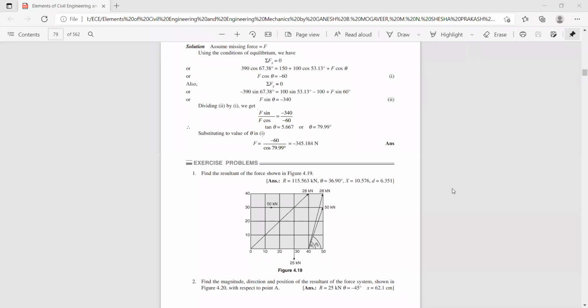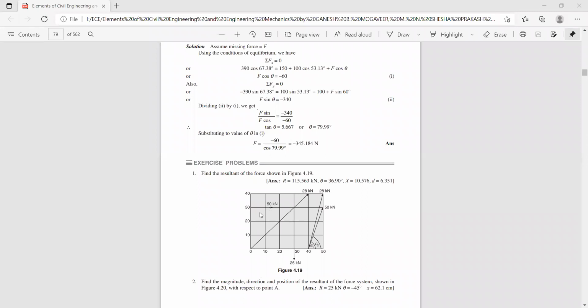Yes, sir. So tell me how much it is. Is it plus or minus? Sigma MA. So I got minus 733.85 kilonewton meter.